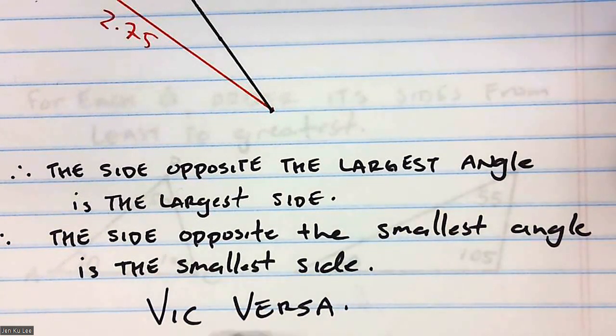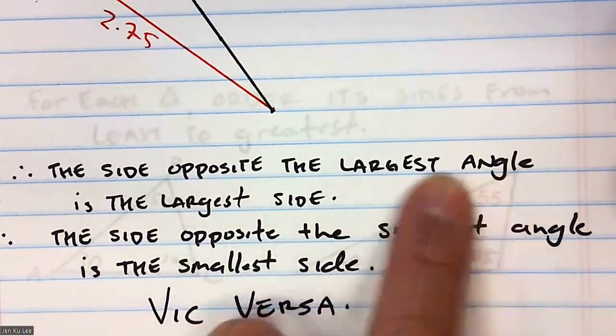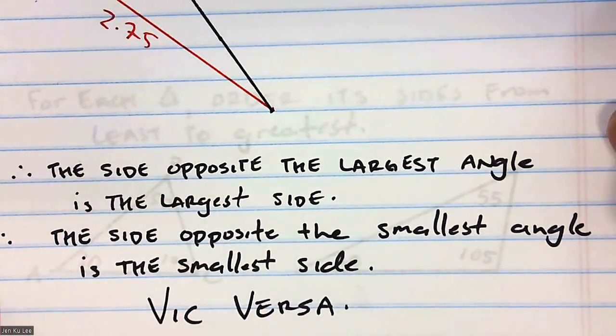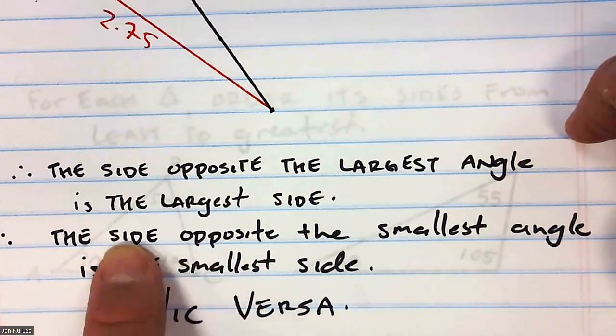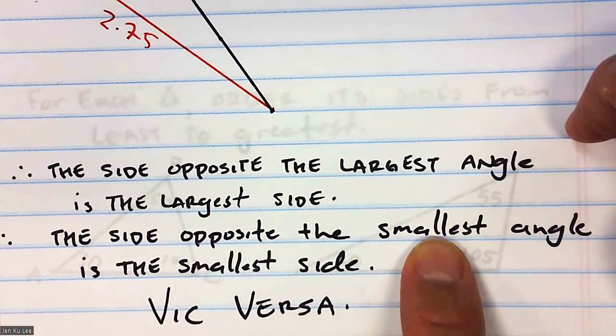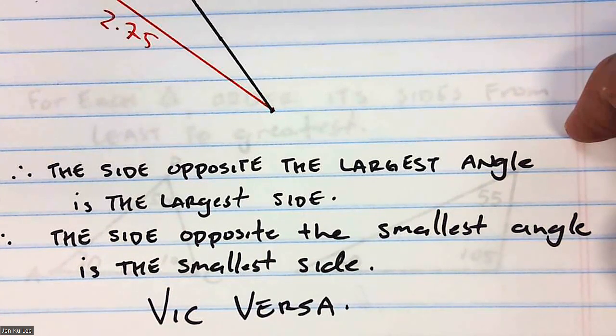So the angle opposite the largest side is the largest angle. And the angle opposite the smallest side is the smallest angle. All right?